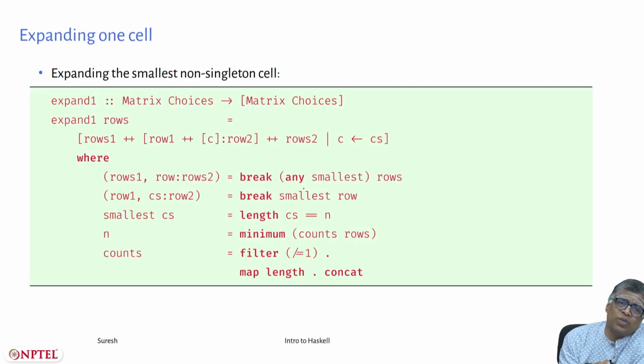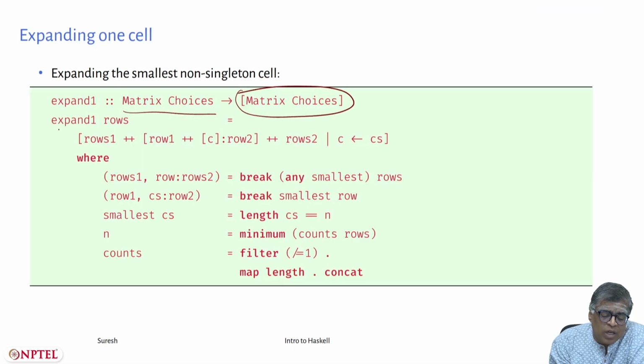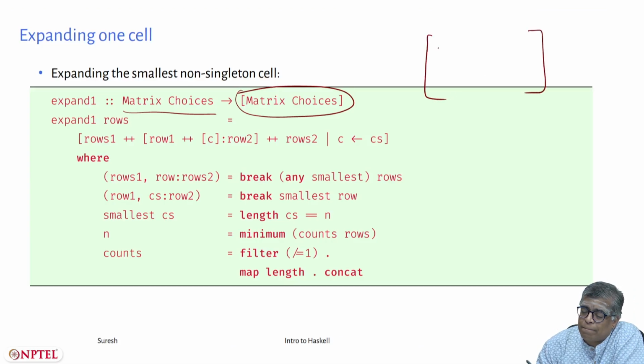Now expand one is what I am calling this. Expand one will take you from a matrix of choices to a list of matrix of choices. Essentially what you want to do is, somewhere here I will have a cell whose list has only 2 elements, let us say.